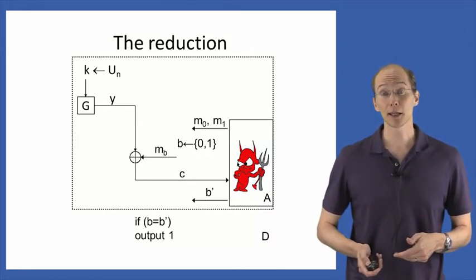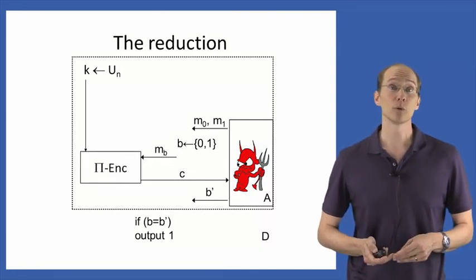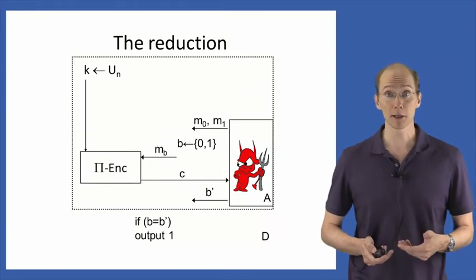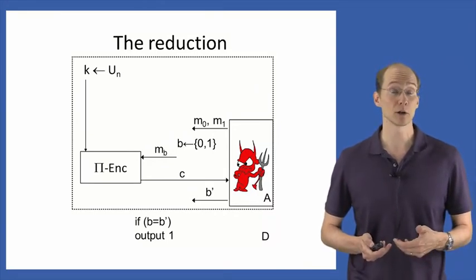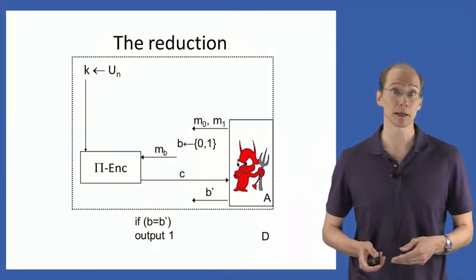That is exactly syntactically identical to what we would get if we chose a uniform key k and then used the encryption scheme of pi, i.e. the encryption scheme of the pseudo one-time pad, to encrypt the message M sub B.